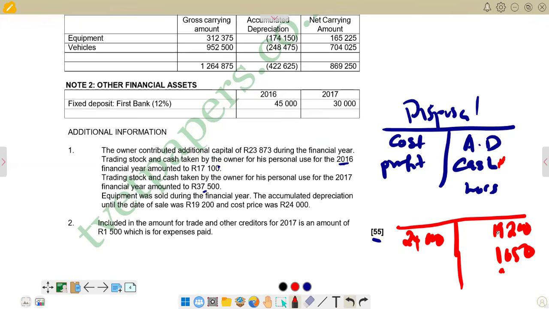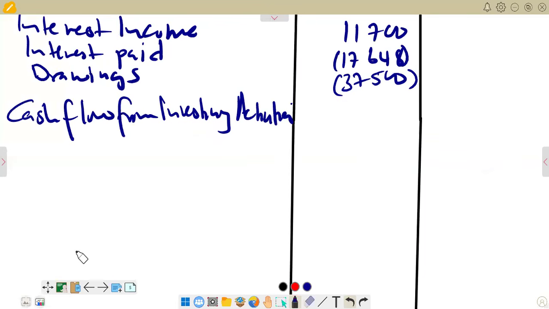Let's try to calculate. 3,750 is the answer that we are supposed to get, which is supposed to be here. So this is proceeds from disposal, proceeds on equipment. So we are just going to summarize as such in the cash flow statement.